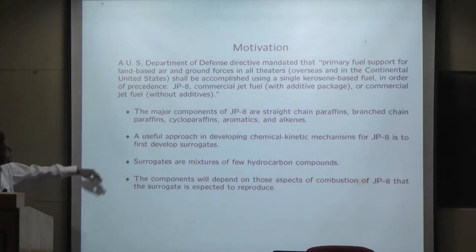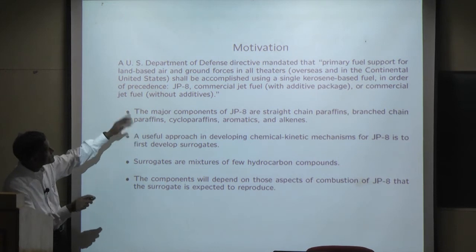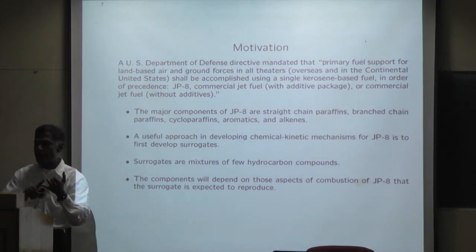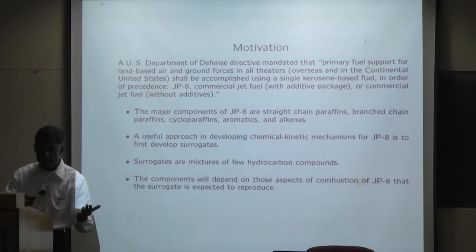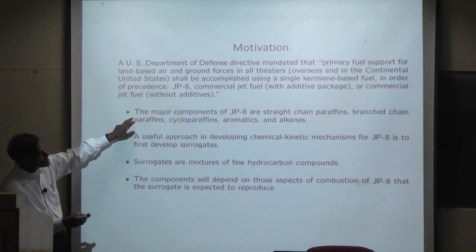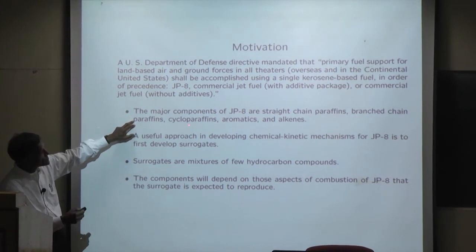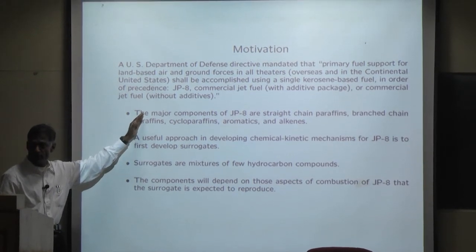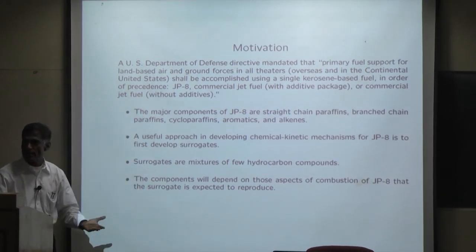That's just motivation, but let's look at the approach. The point is to understand the combustion of JP8, which is a practical fuel. The major components of JP8 are straight chain paraffins, branch chain paraffins, cycloparaffins, and aromatics, and you saw a lot of this with Ramsey's lecture. You have this very complex chemistry.